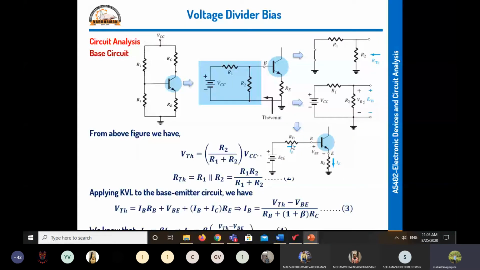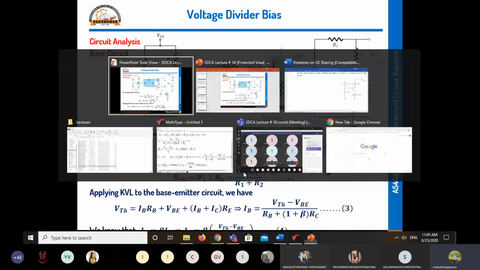So what is this? E Thevenin is there. What is E Thevenin? R2 by R1 plus R2 into VCC. R Thevenin means RB, which is R1 parallel to R2.